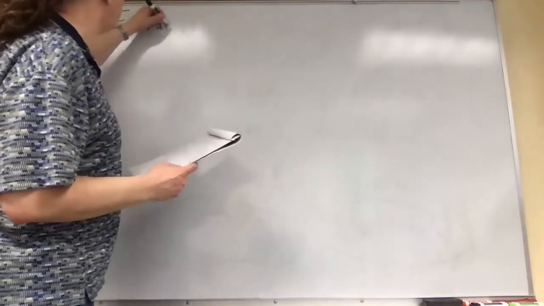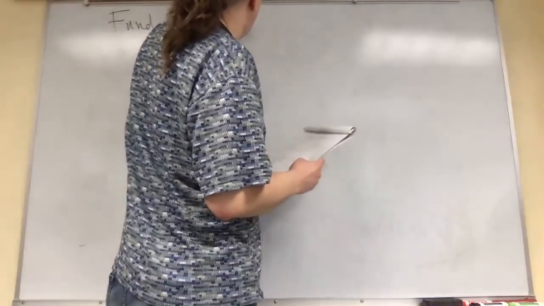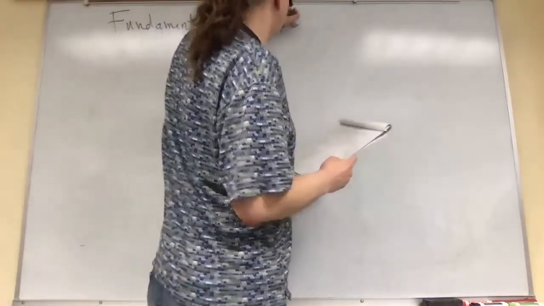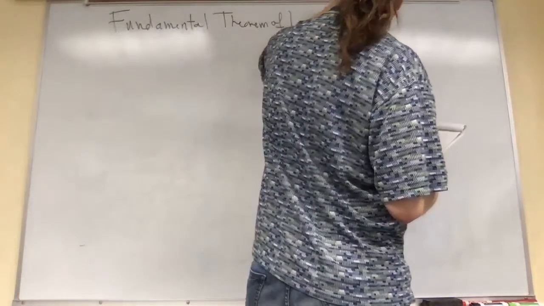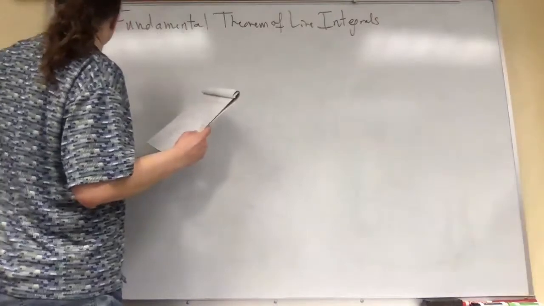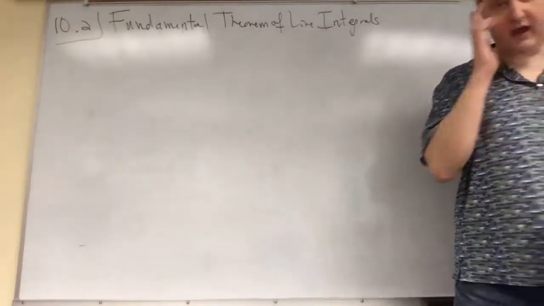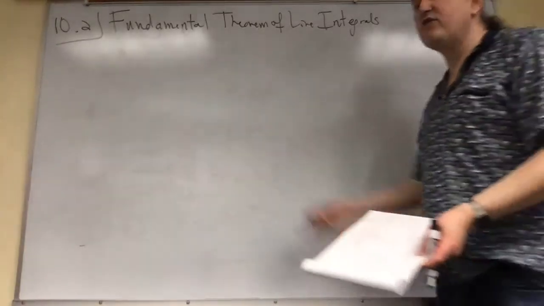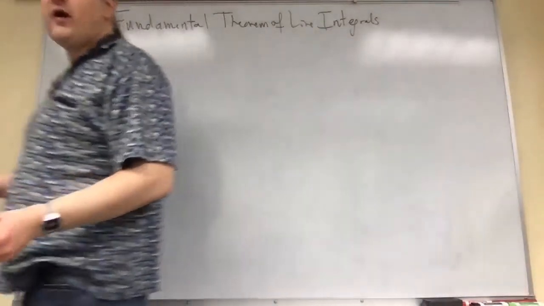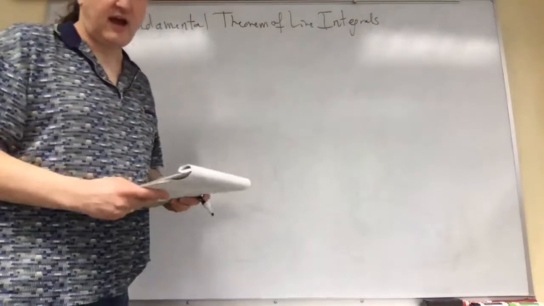So here's the first of our proofs of fundamental theorems. This is the fundamental theorem of line integrals. This is 10-2. All of our proofs eventually will go back to the Calc 1 fundamental theorem of calculus.